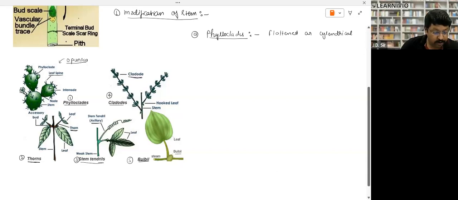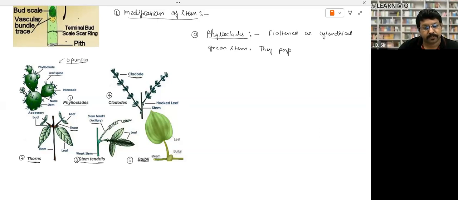Flattened or cylindrical green stem. They perform photosynthesis. Full stop.